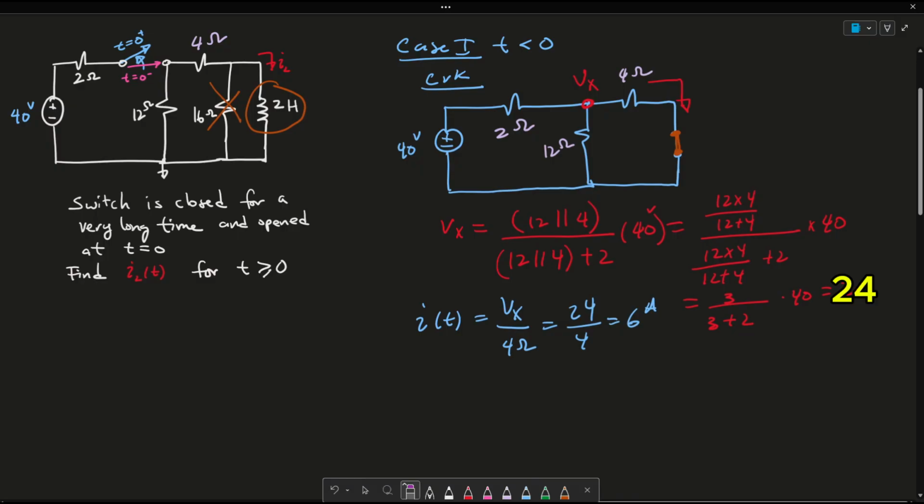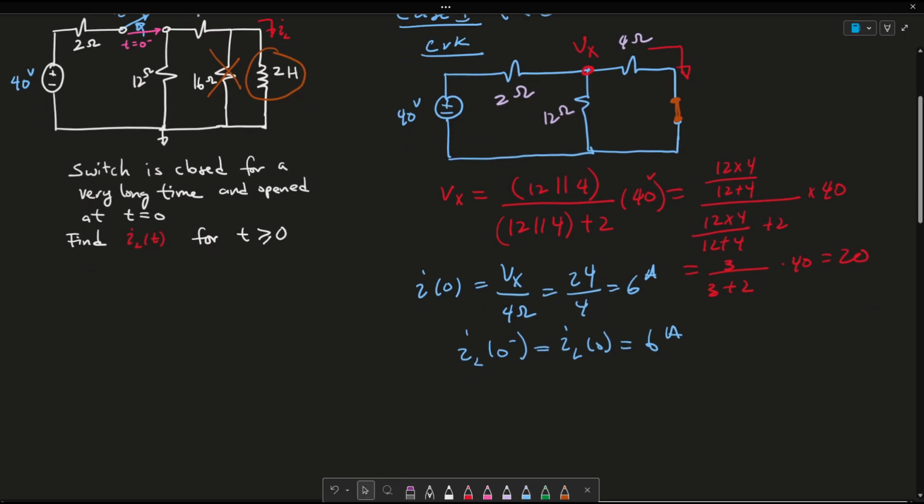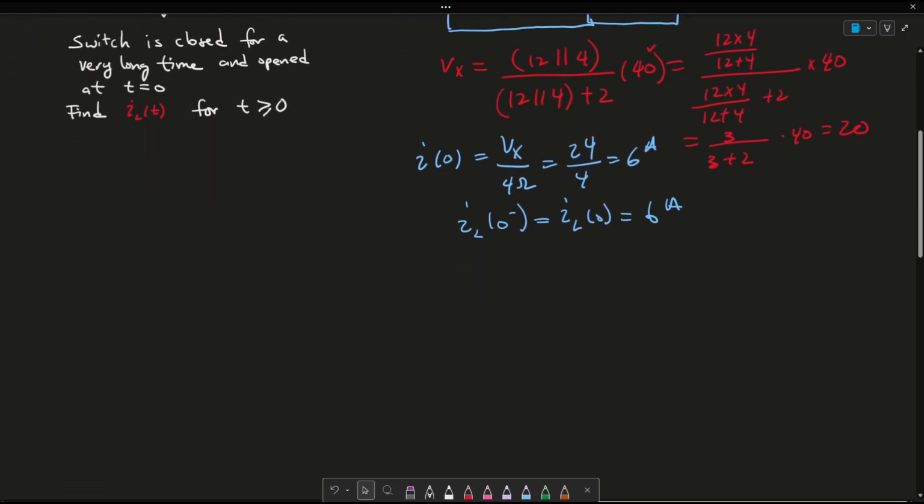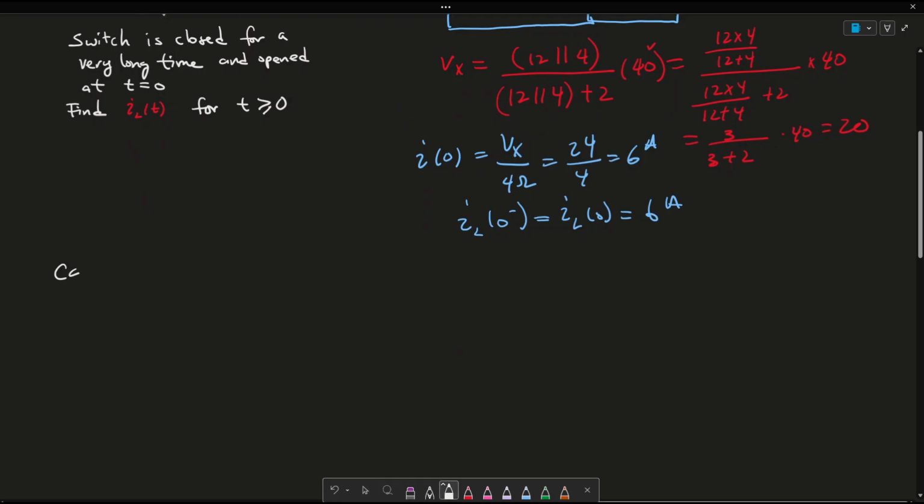And again, since current doesn't change instantaneously in an inductor, we can say that IL of 0 minus is equal to IL of 0, which is equal to 6 amps. This should be I of 0. So then the next case, case number 2, is when t is greater than 0.